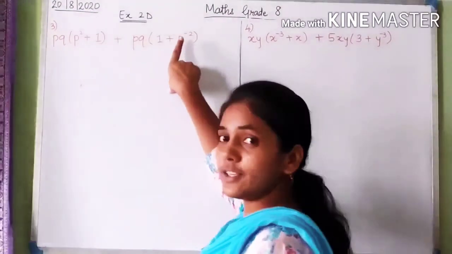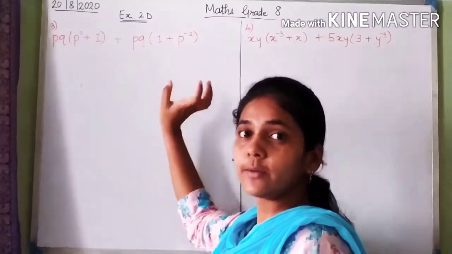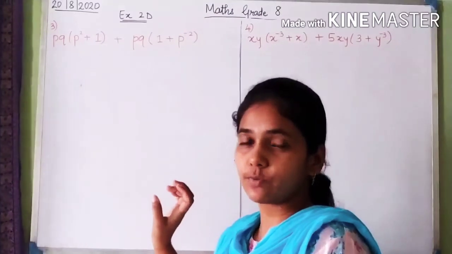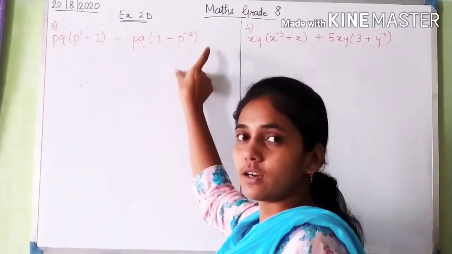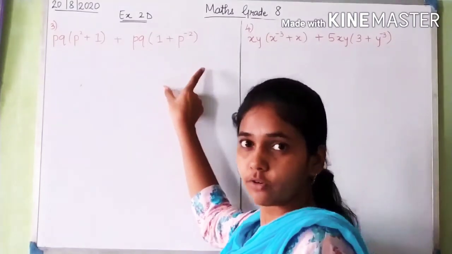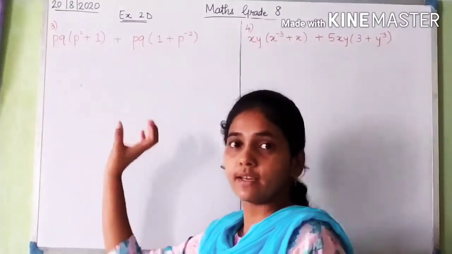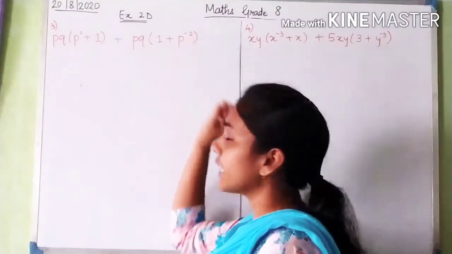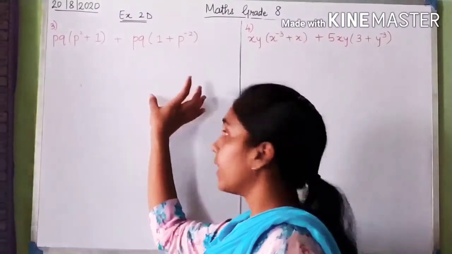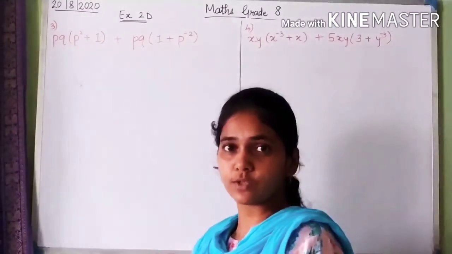The index is negative. But if you follow the laws of indices which we have studied, this negative power doesn't make any problem. Okay. So if you follow the rules, the procedure is the same. Only we need to consider this negative power and use the laws of indices which we have studied.